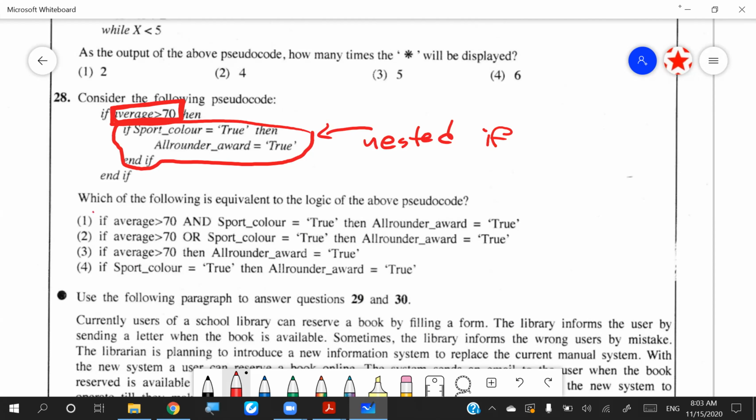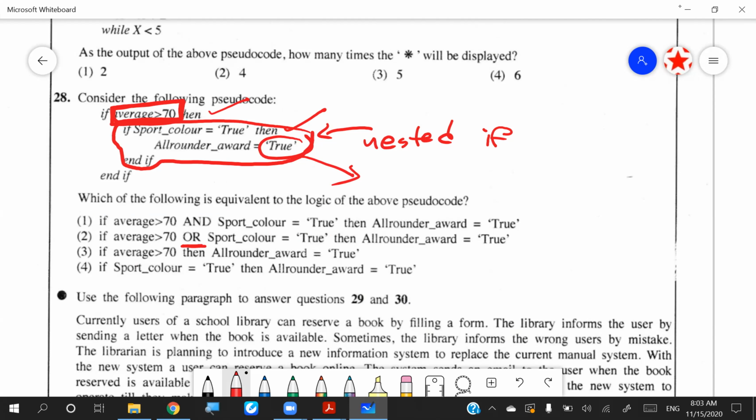So this particular thing is correct. And then it says all-rounder awards true. Yes. So if those two are true, then all-rounder is going to be true. Right? So according to this, this is true and this is true. So this is going to be displayed. And OR is not going to do that for you because that means either case.